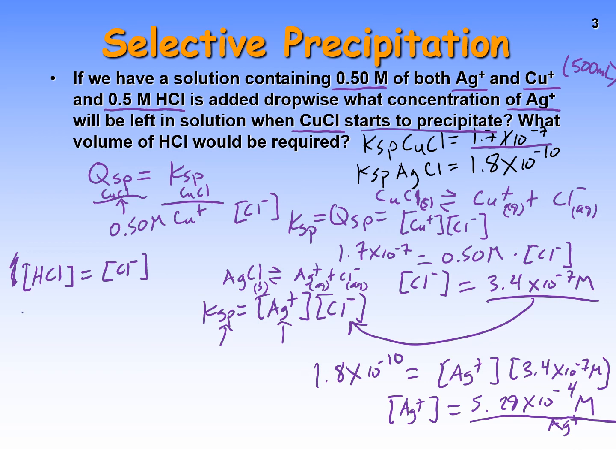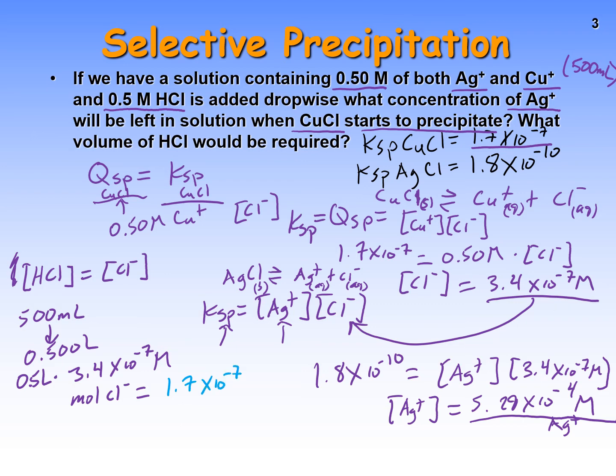So I have 0.500 liters. And if I have 3.4 times 10 to the negative 7 molar HCl or Cl-, if I multiply this by 0.5 liters, I get how many moles of Cl- I have. This gives me 1.7 times 10 to the negative 7 moles of Cl-.